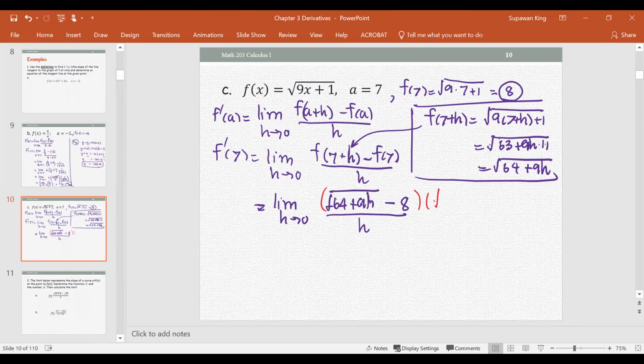So multiply by the square root of 64 plus 9h plus 8, divided by the square root of 64 plus 9h plus 8.